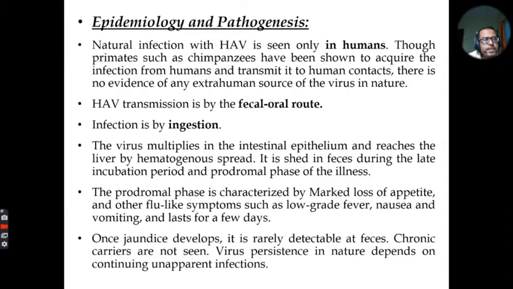Now when this virus enters the host, it multiplies in the intestinal epithelial cells, and from there it reaches the liver by hematogenous spread. By using these cells, this virus can spread throughout the cells of the liver.